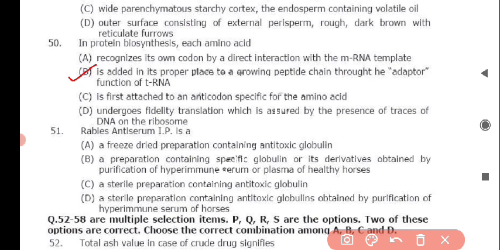Next question is, Rabies antiserum IP is a, so the correct answer for this, it is a preparation containing specific globulin or its derivatives obtained by purification of hyperimmune serum or plasma of healthy horses.